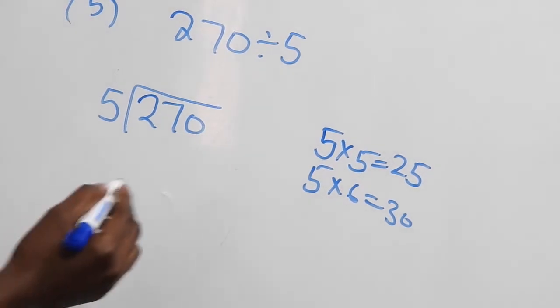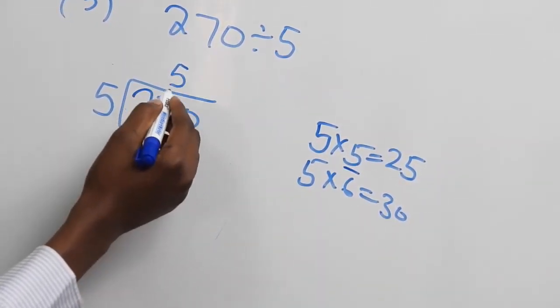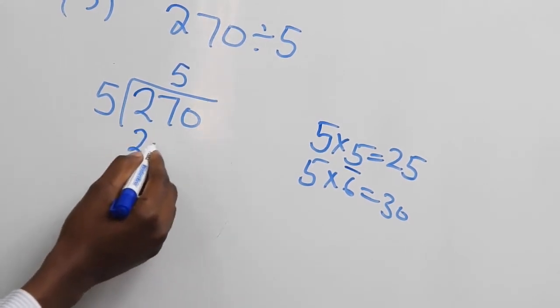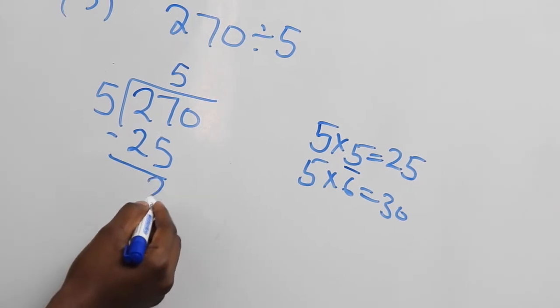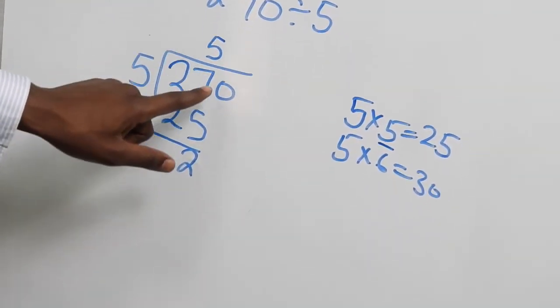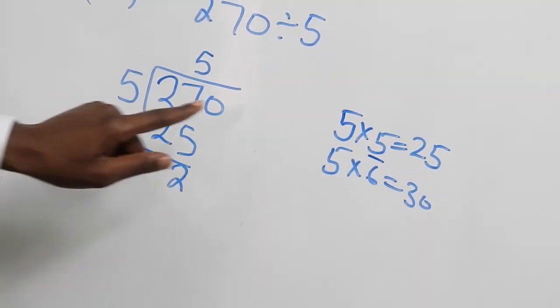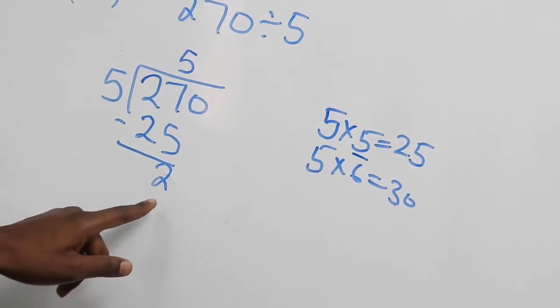So it means that we take 5. So we have 5 times 5 is 25. And then we subtract to have a remainder of 2. Again, note that we have written 5 just above 7 because 5 divides into 27 5 times. So we have a remainder of 2.